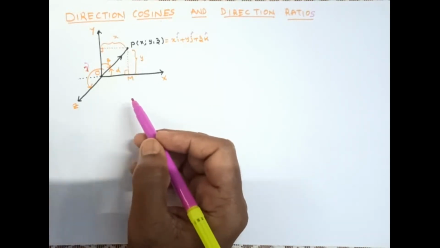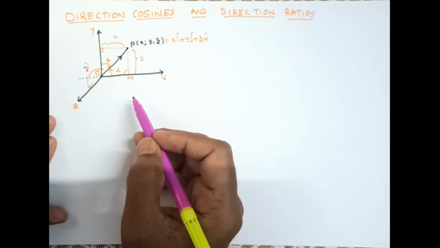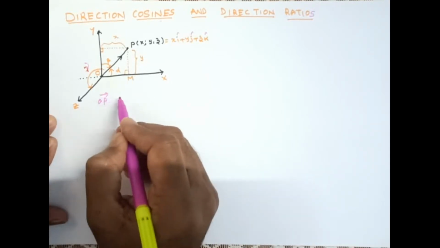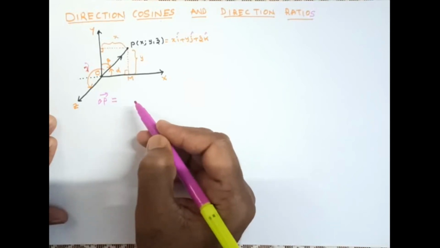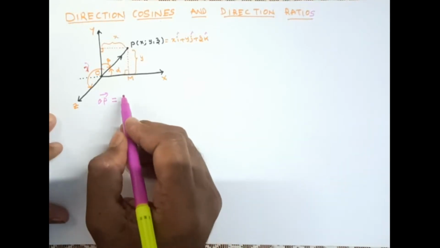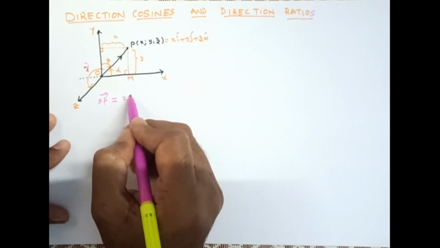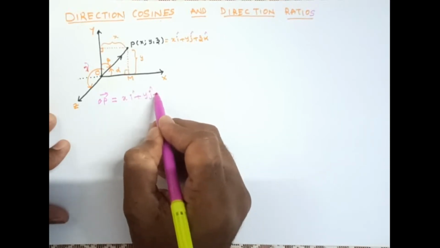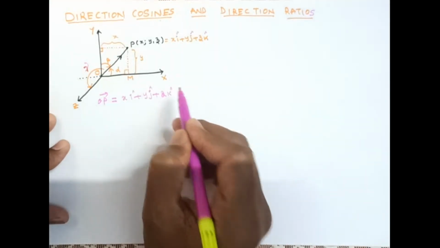Now I am going to take OP bar as a vector. This is a line segment, and a line segment here means a vector, so it is xi cap plus yj cap plus zk cap.